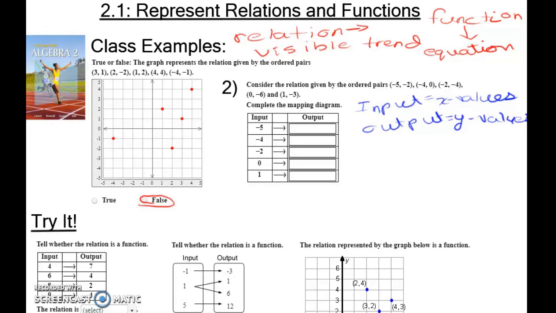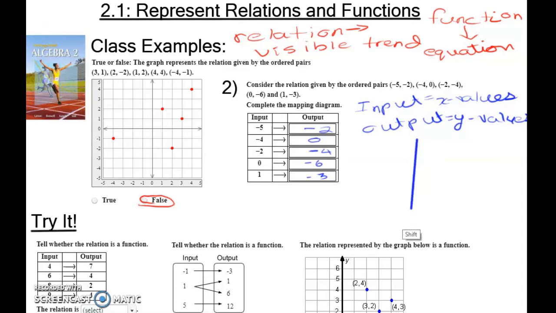They're asking us to fill out the output area, so you just go ahead and fill this out. Then 0, -6, then finally 1, -3. If you wanted to graph this, you could go ahead and graph it.